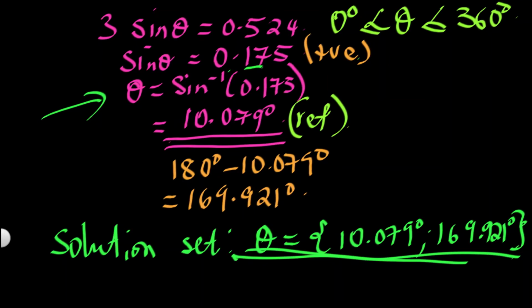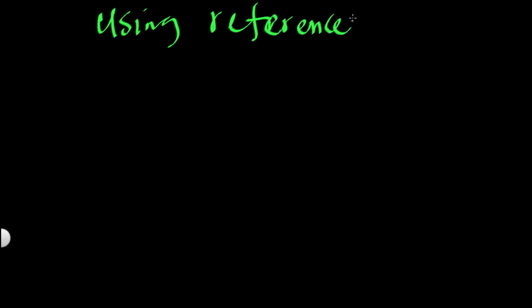I'm going to explain how these reference angles work because we have 4 quadrants. Your calculator will not give you 2 values. It will only give you 1, which is the reference angle.